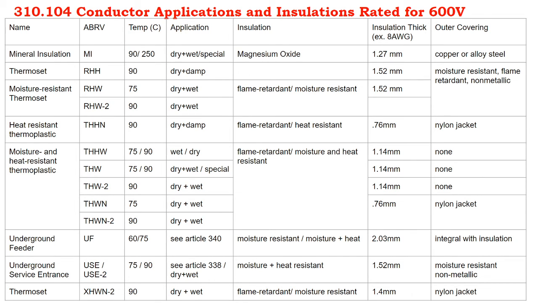Finally, we get to charts that actually go through all these acronyms that electricians and engineers love, and it turns out they all mean something. The W indicates a wet rating. The -2 is indicating a kind of outside of conduit, more robust exposure to sunlight rating.